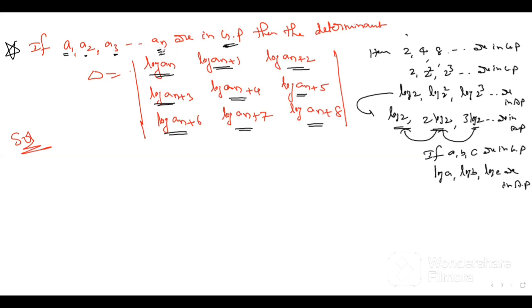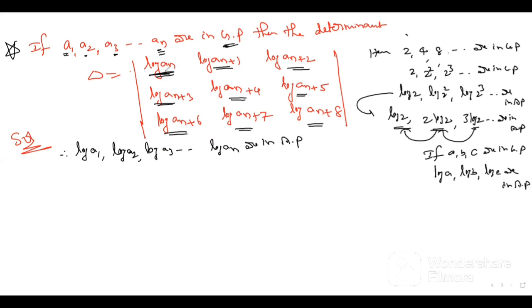So log A1, log A2, log A3, the logarithm values are in AP. Therefore, log of A1, log of A2, log of A3 and so on, log of AN are in AP, arithmetic progression.